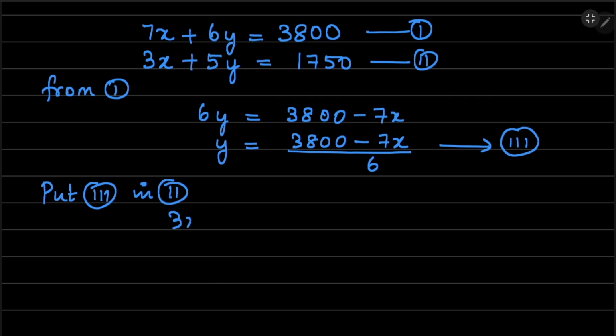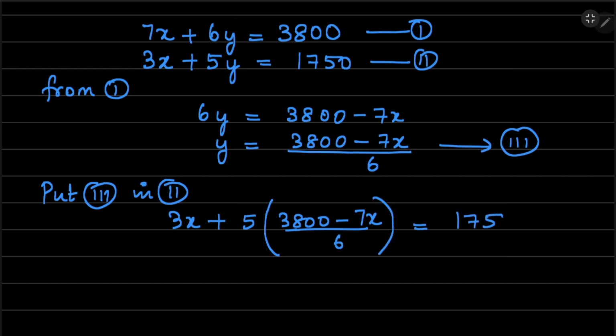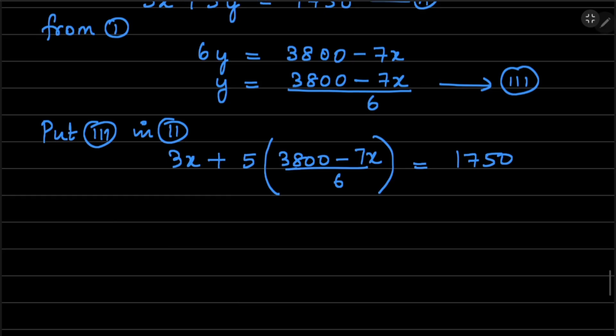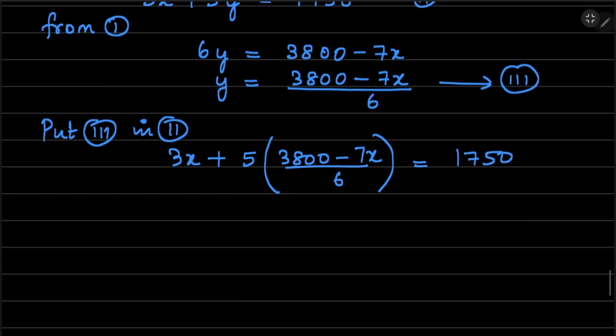So you can write, substitute 3 in equation 2. What is it? 3x plus 5. In place of y, I am going to write 3,800 minus 7x whole divided by 6 is equal to 1,750. Isn't it? So now here you have 3x plus, let's multiply it inside.